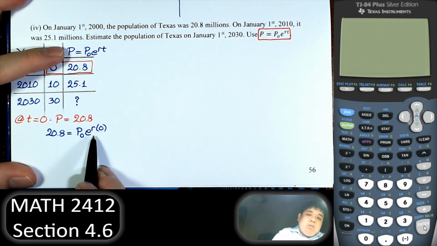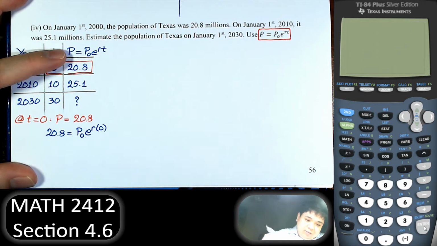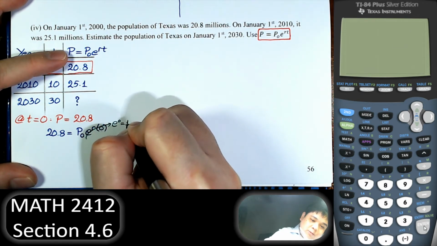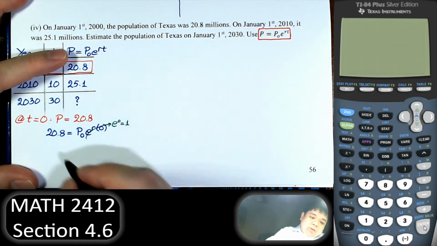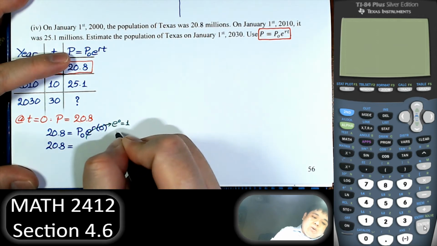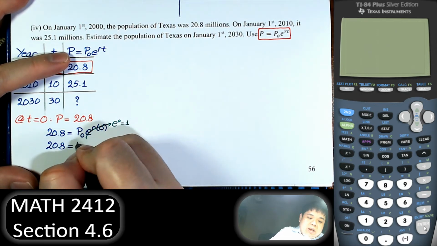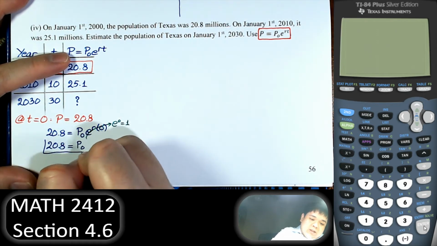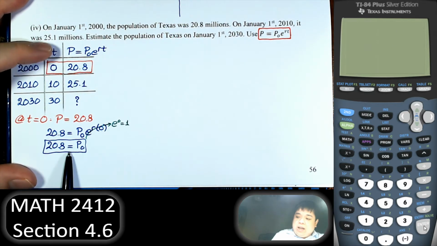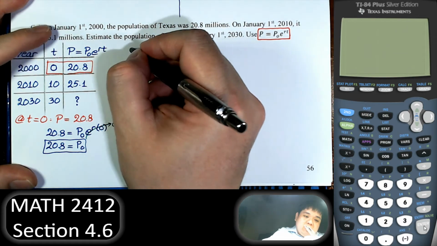Now e to the 0 power is 1, right? So here we have 20.8 equal to P naught. So we know P naught, the initial population, is 20.8. So that's the first part of the problem.